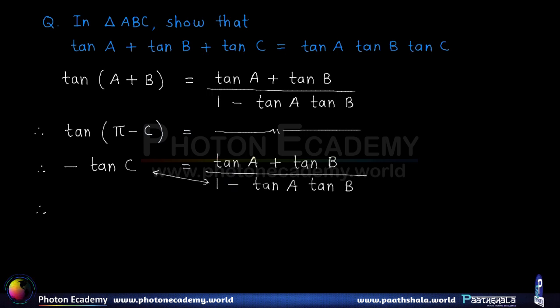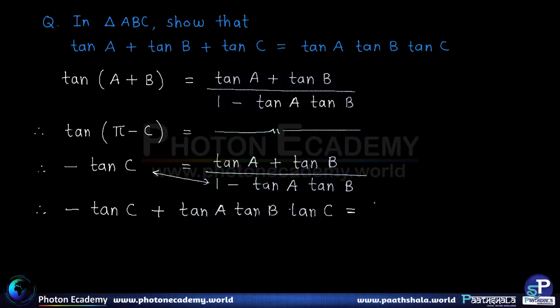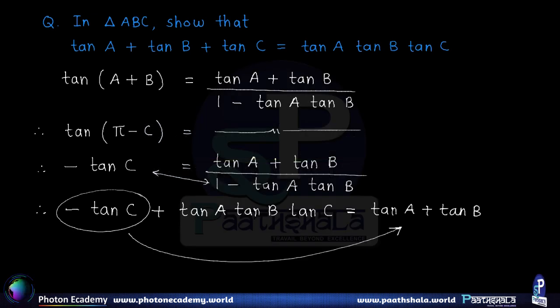So on cross multiplying we get −tan C plus the product of all the three tans, tan A tan B tan C, is equal to tan A + tan B. So taking the negative term −tan C on the right side, we get tan A + tan B + tan C is equal to tan A into tan B into tan C, which proves the required result.